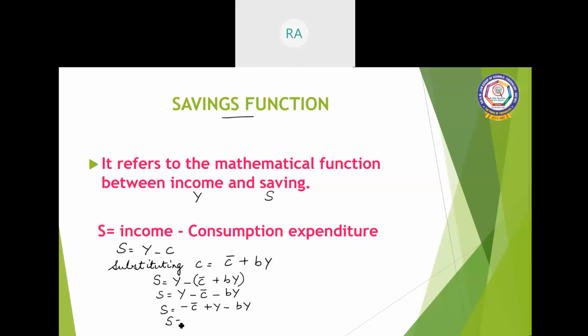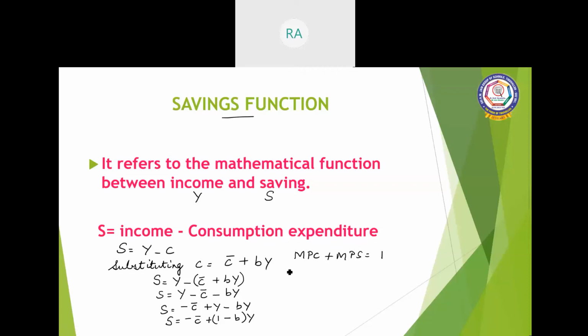Therefore, savings is equal to minus autonomous consumption expenditure plus (1 minus B) Y. 1 minus B is otherwise 1 minus MPC. You know MPC plus MPS is equal to 1.